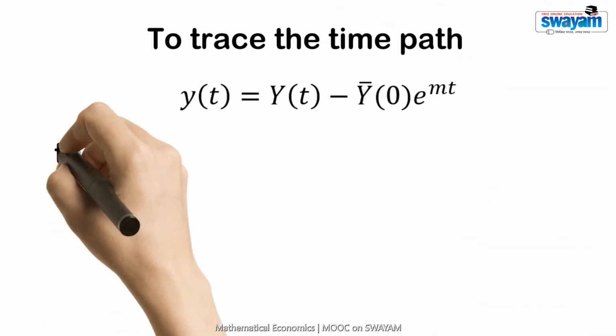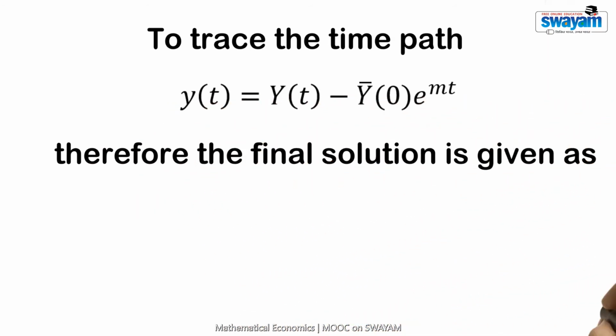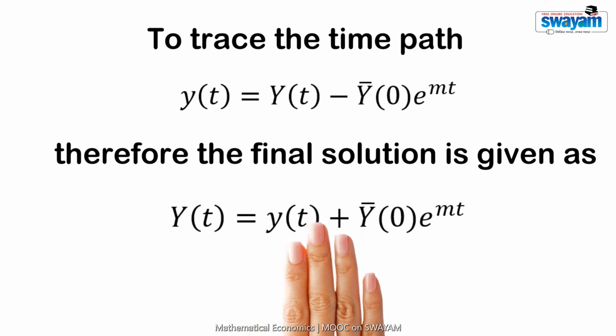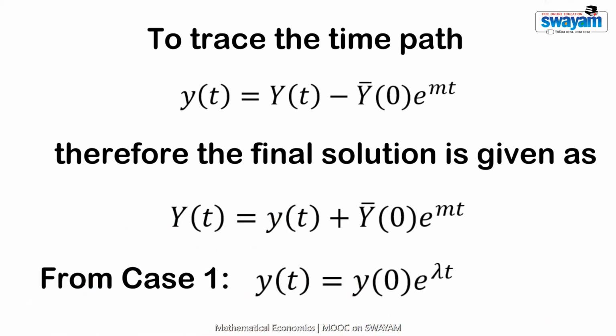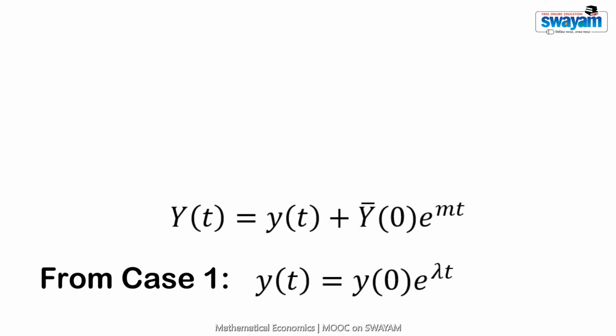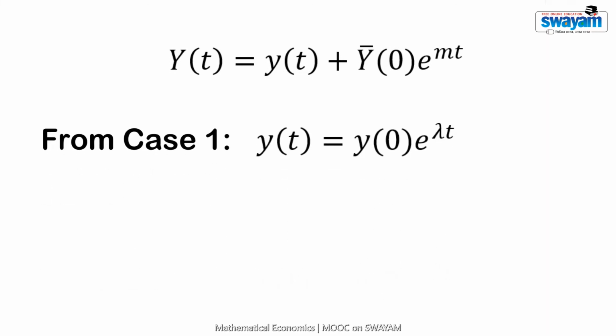Therefore, the final solution gives Y(t) equal to small y(t) plus y bar 0 e to the power mt. If you go back and see the first case, we got this solution. Therefore, by replacing small y(t) by y0 e to the power lambda t, we get this result.